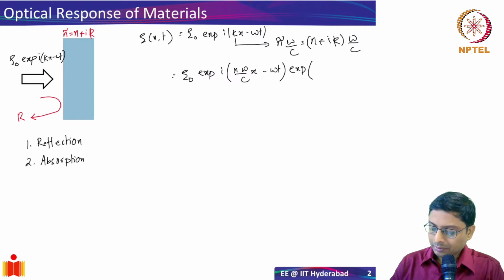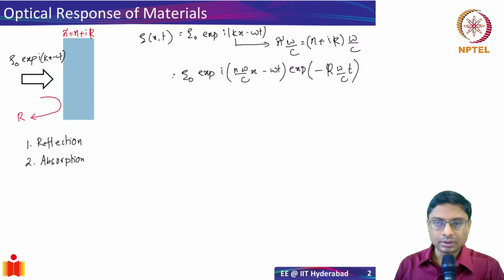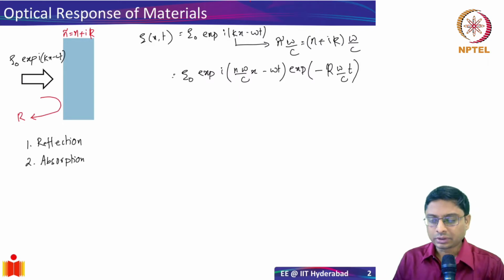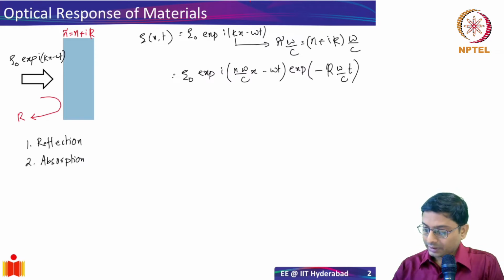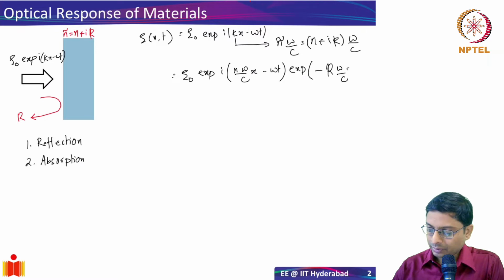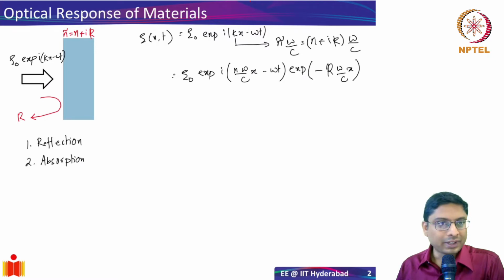So minus and minus, basically it will be minus kappa omega by c times x. Sorry, I wrote t earlier, but this is x dependence, because in kx we are substituting for k. So as a function of x, the wave is attenuating.